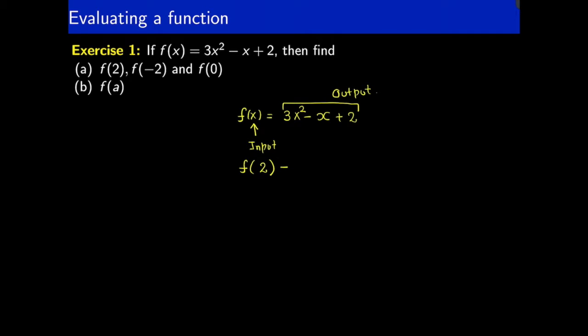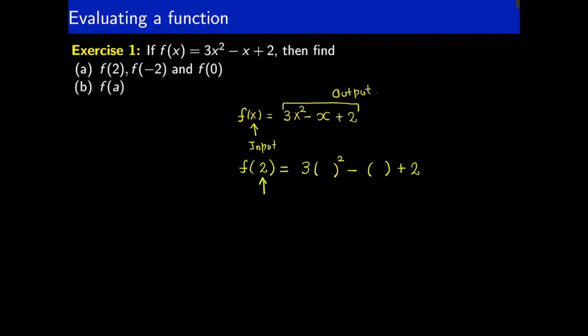In order to calculate the output at the input 2, first we will take the function and replace the x by a placeholder. I'm going to just use parentheses as a placeholder. Wherever I see the x, I will replace it by a parenthesis. And now what will go inside the parenthesis?